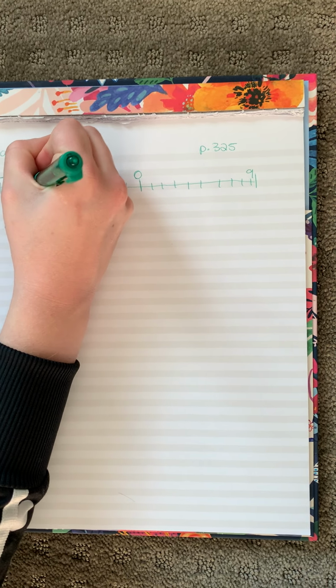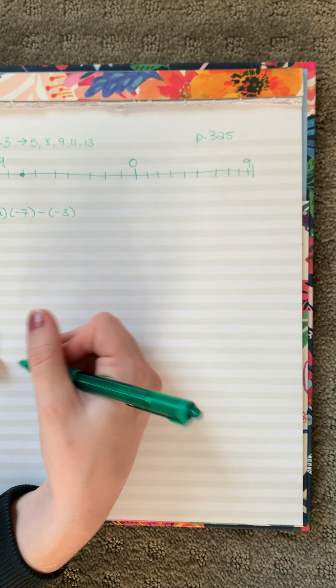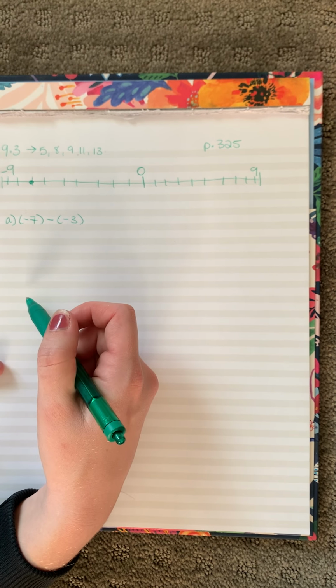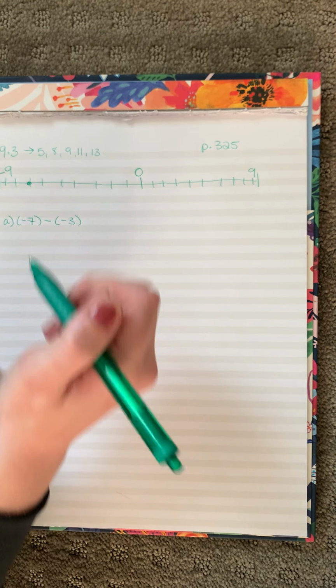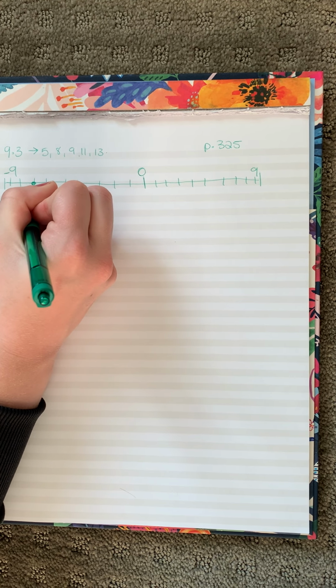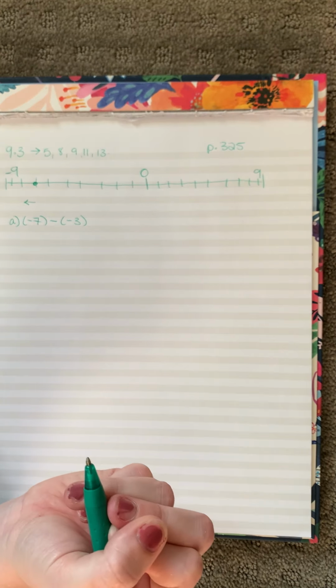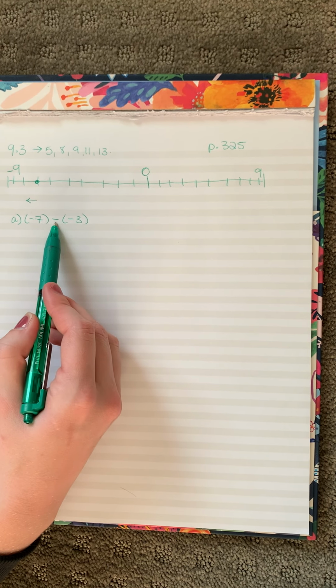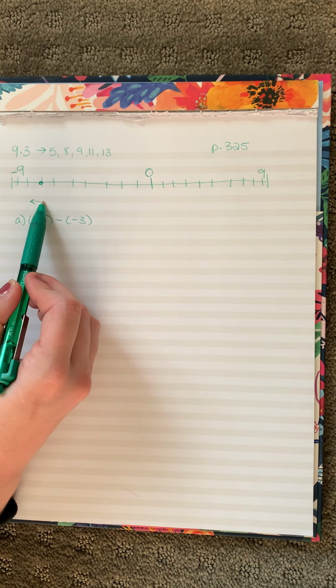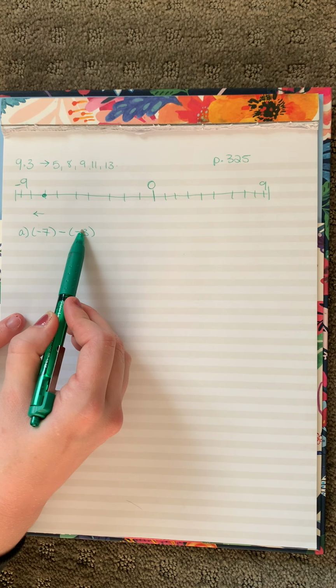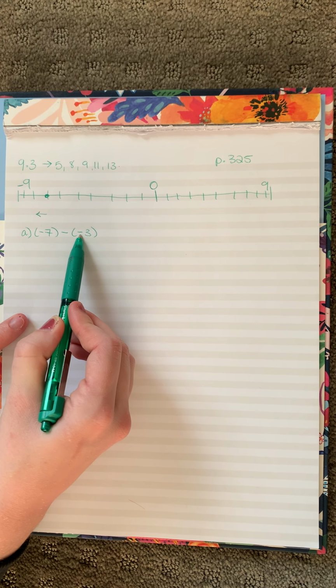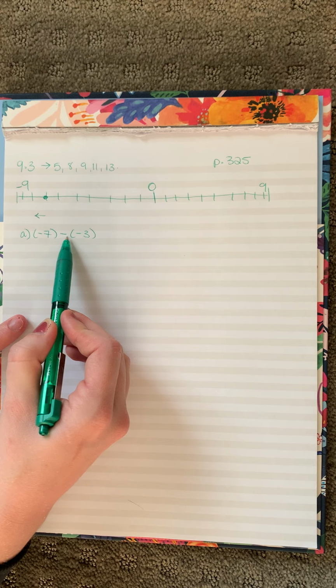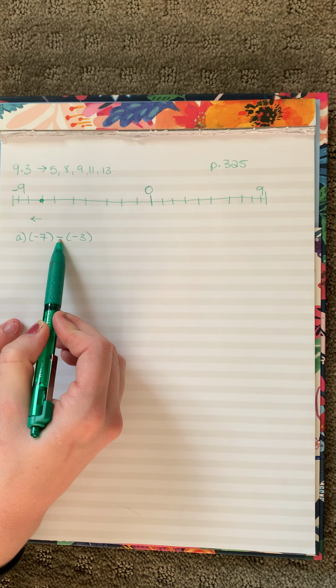Here's my 7. Now, you heard me say a lot in the previous videos that when I have a subtraction or a negative sign, that's telling me to go to the left. Okay, so that's what that subtraction symbol says. It says go to the left, but then this negative symbol is going to tell me to do the opposite of what the subtraction symbol is saying.